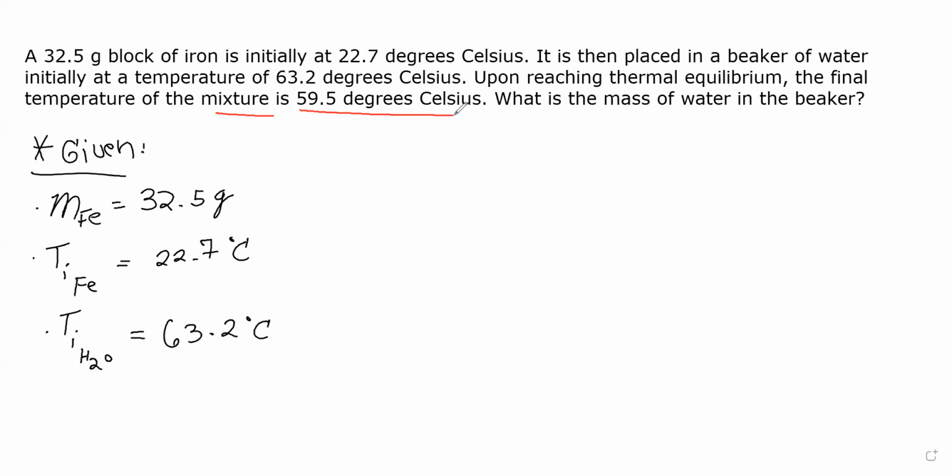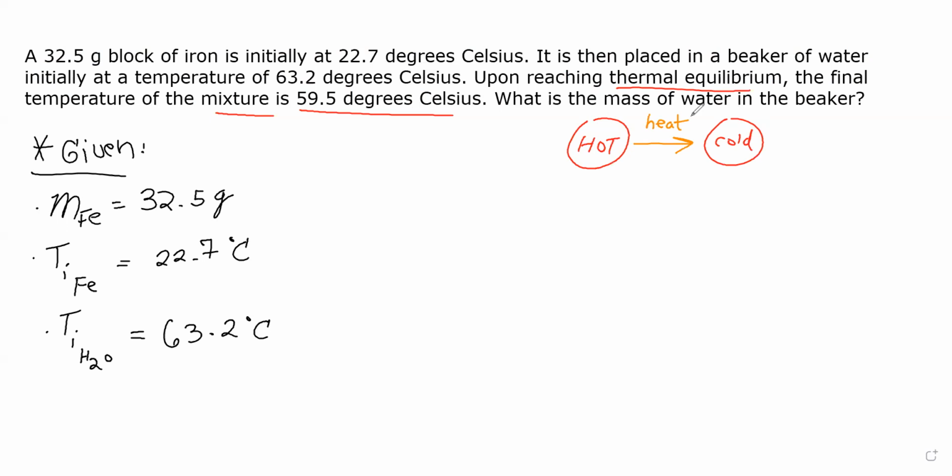So even if they didn't explicitly state this, we anticipate that the metal block and the water reach thermal equilibrium. Whenever we have two objects in contact, we expect the heat, the transfer of thermal energy, to occur from the higher temperature object to the lower temperature object.